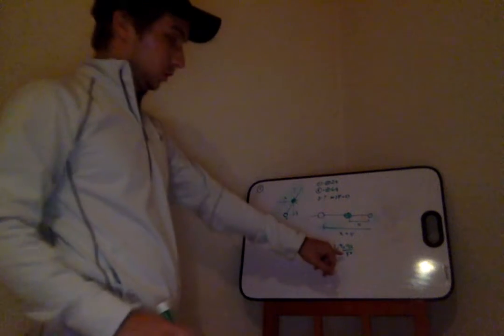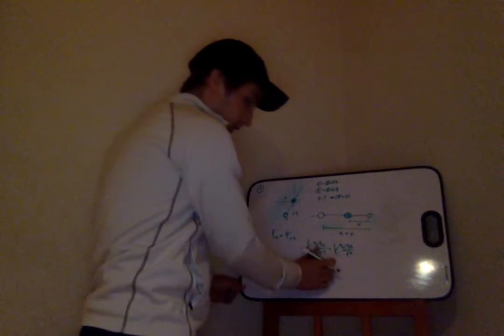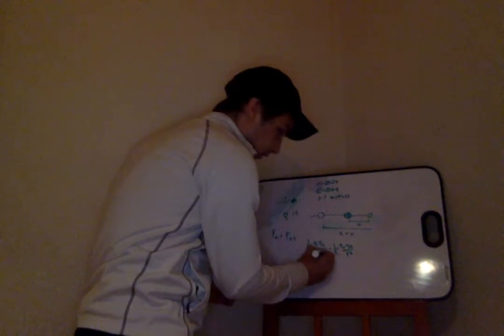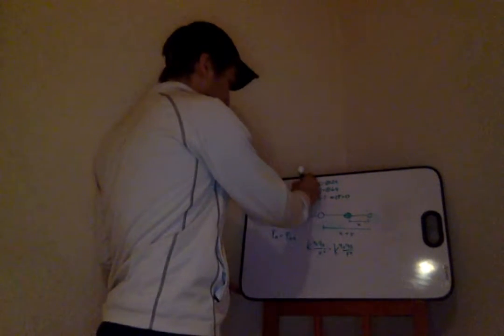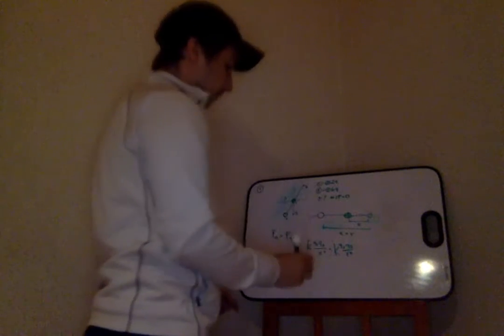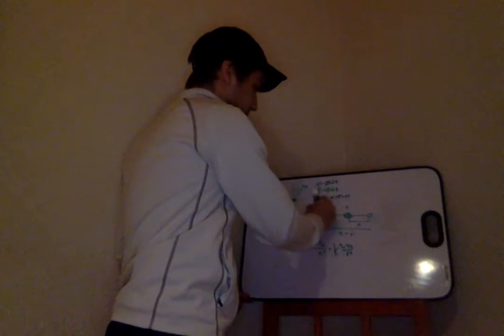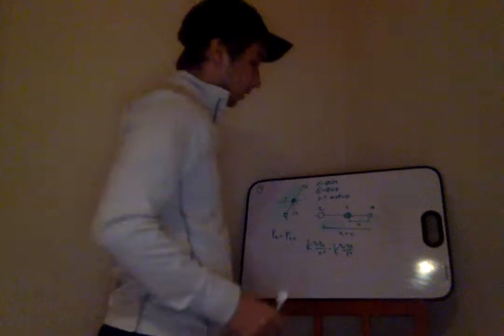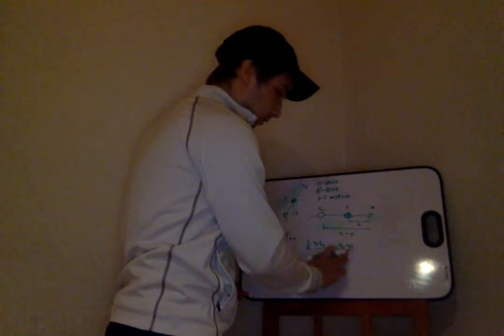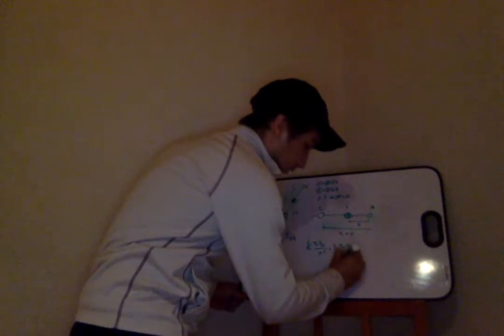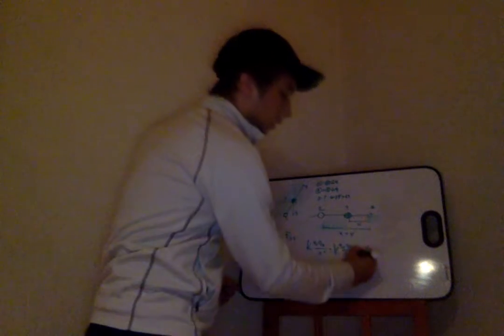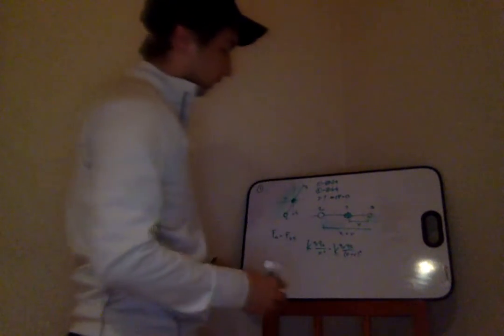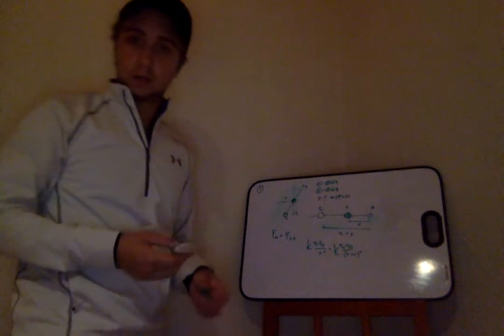In this case we know that this radius is x, because it's from 1 to 3, and this radius is x plus r, the distance from 1 to 2, squared.